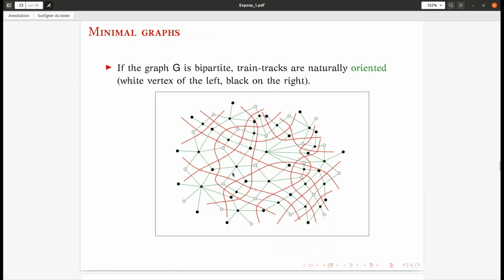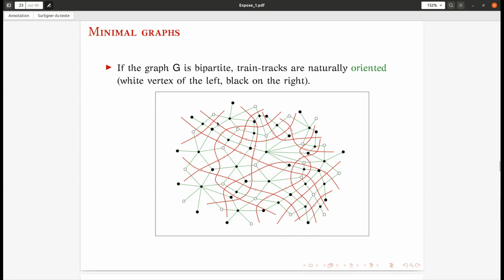Now from isoradial graphs, we will go a little bit further and go to minimal graphs. This definition holds for graphs that are bipartite. In this case, when the graph is bipartite, you can add an additional structure: an orientation on the train tracks. An orientation just means you're putting a direction on your train track.